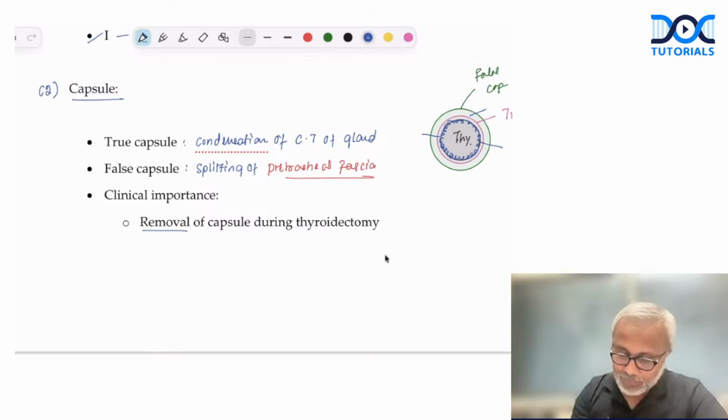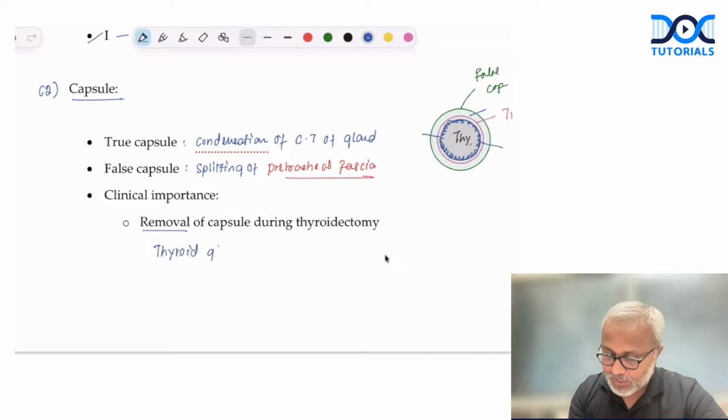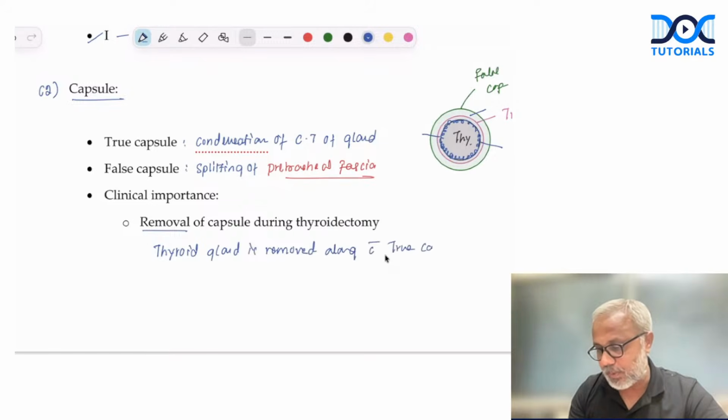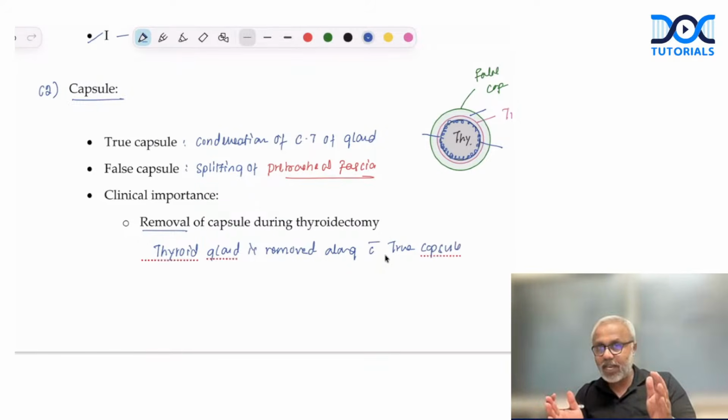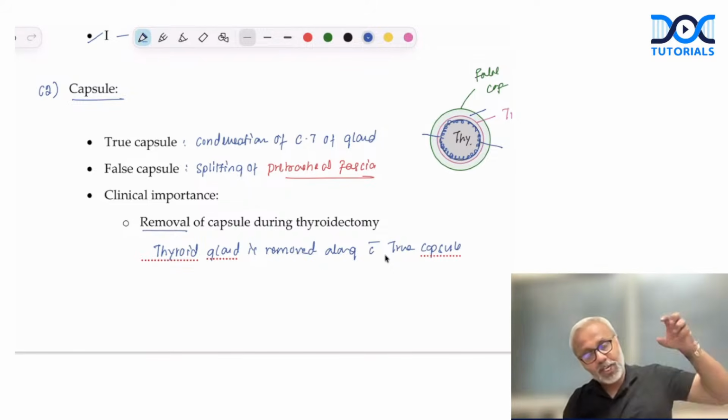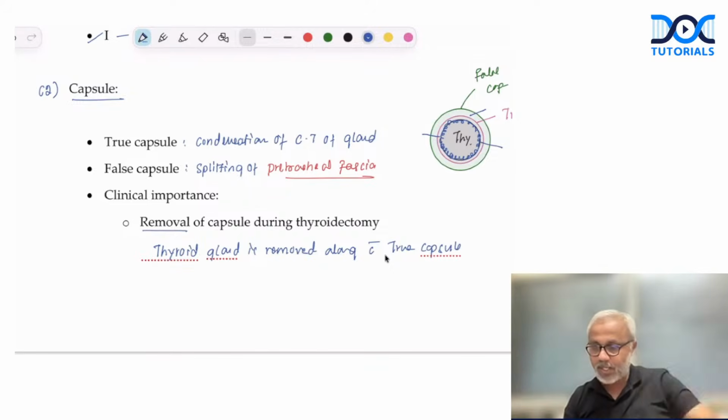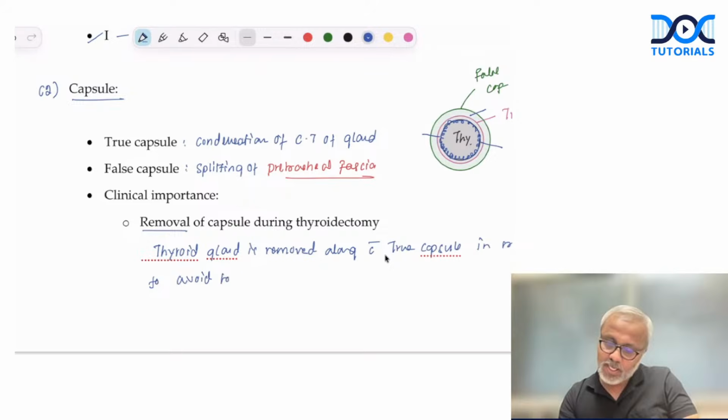Whenever thyroidectomy is done, remember, the thyroid gland is removed along with the true capsule, right? You separate the false capsule and the true capsule. You take out the thyroid gland with the true capsule. Why do you do this? This is in order to avoid bleeding, right?